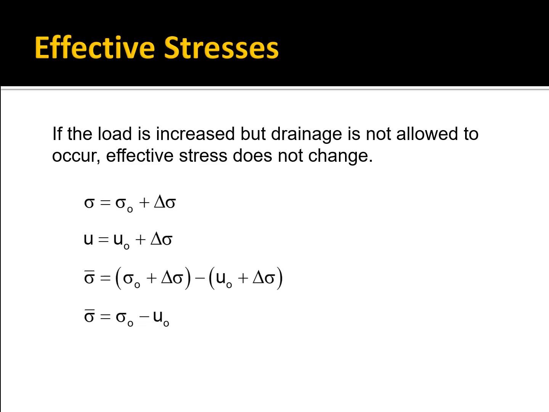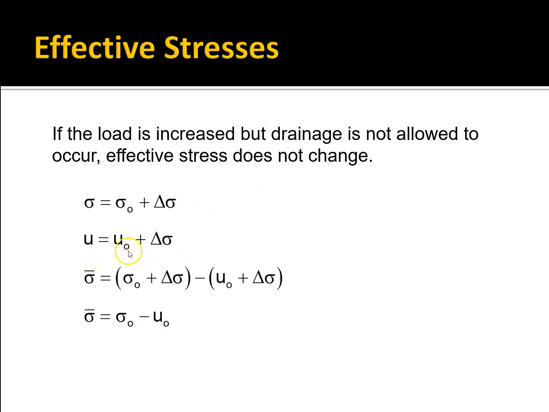I just mentioned something that we'll revisit here. If you increase the normal stress on a soil, so basically you apply a load on top of the soil, the new total stress would be the initial stress before you applied the load plus the change in load.